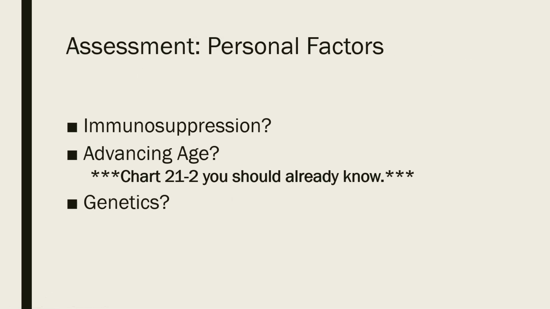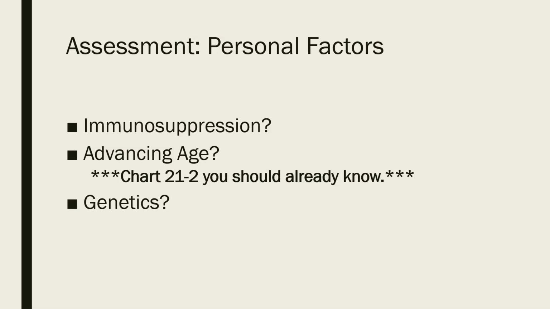So continuing with assessment, personal factors. What causes people to get cancer? There's all kinds of things. Immunosuppression, advancing age. Chart 21-2, you should really already know this. We have already covered it in other lectures, but you will need to be responsible for 21-2.